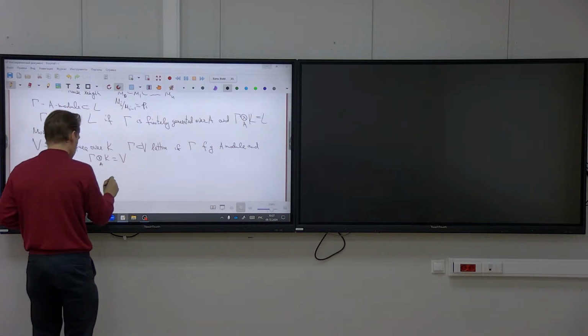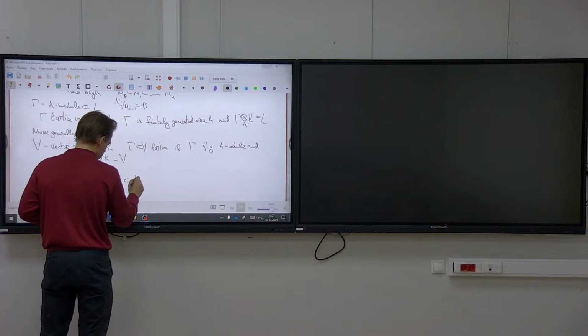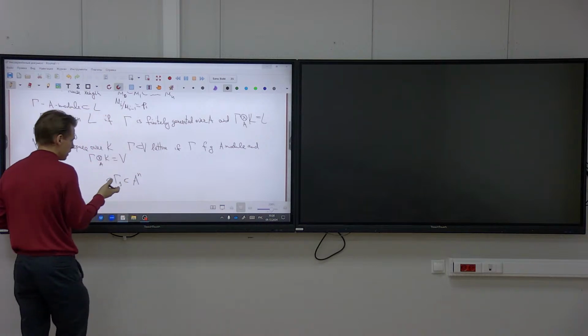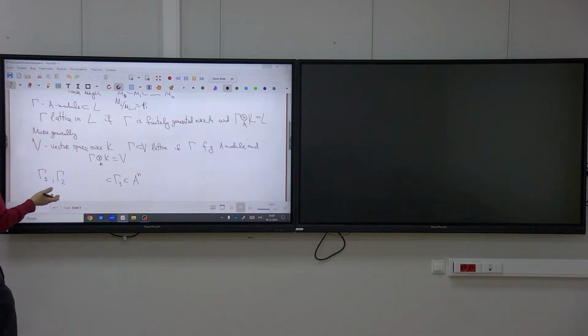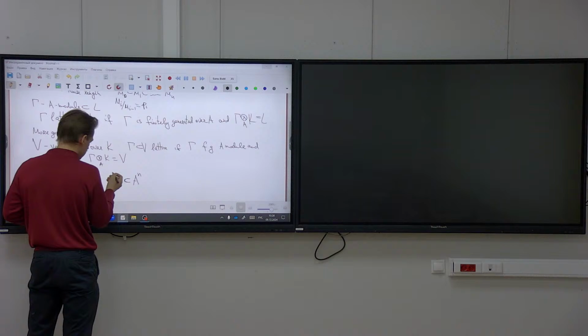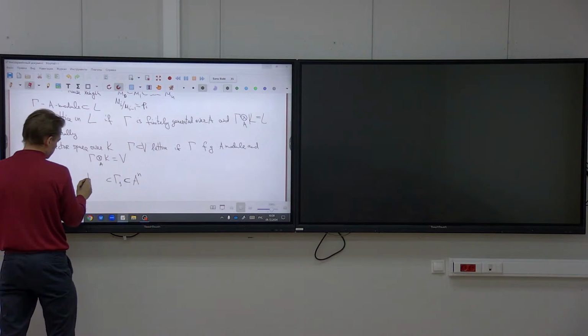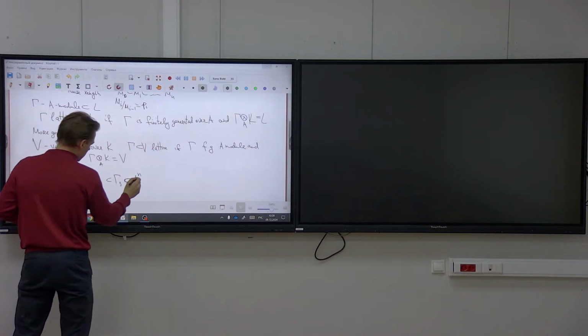Yeah, so gamma 1 and gamma 2 can be put, so notice that you can take the basis such that gamma sits in AN, and it contains 1 over D. You can pick up a basis in gamma itself.